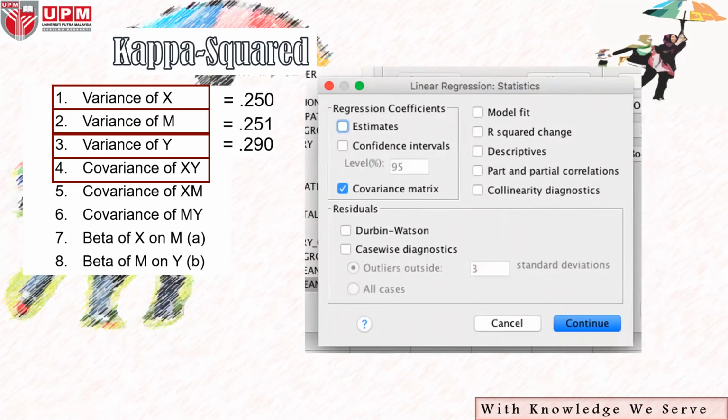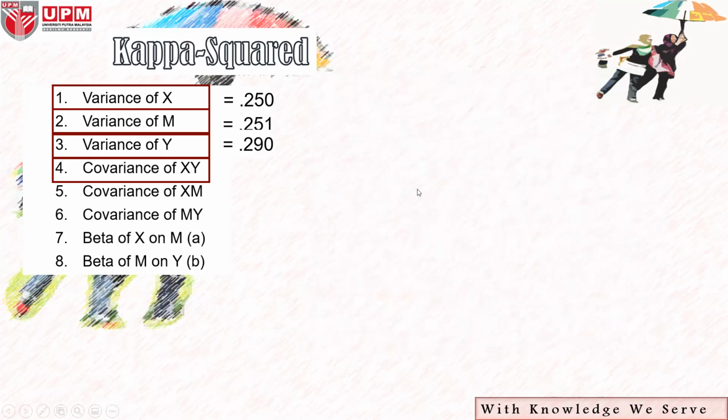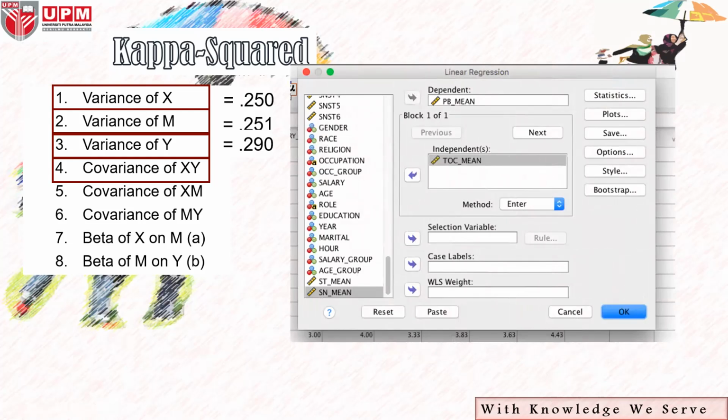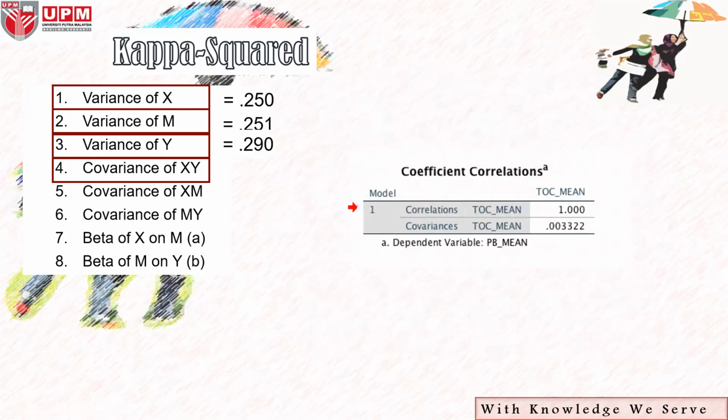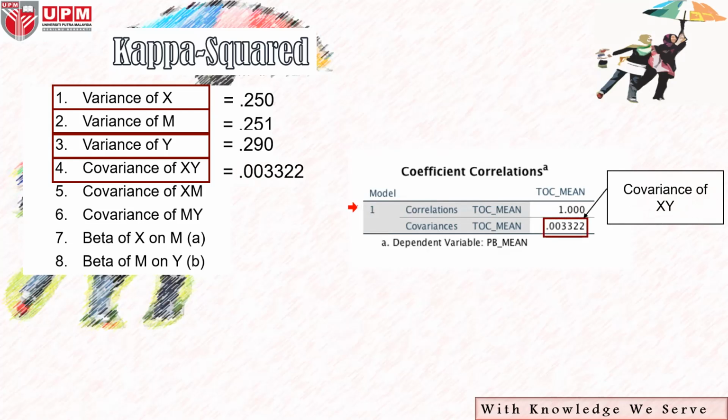We click the covariance metric, then click continue, and then click OK. So we have the covariance for X on Y, which is 0.003322.